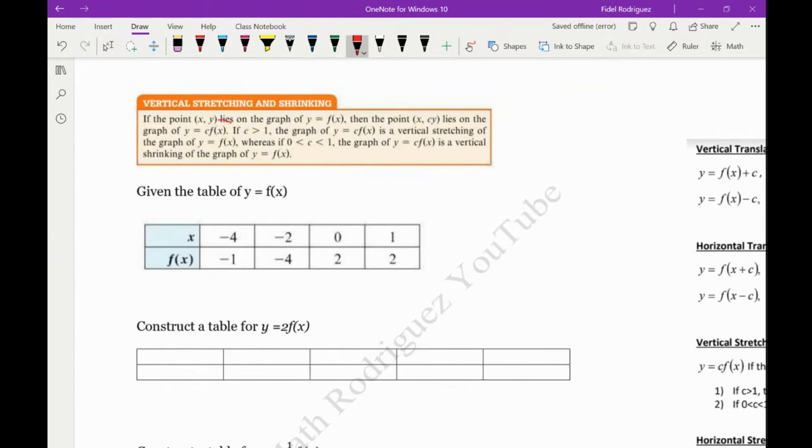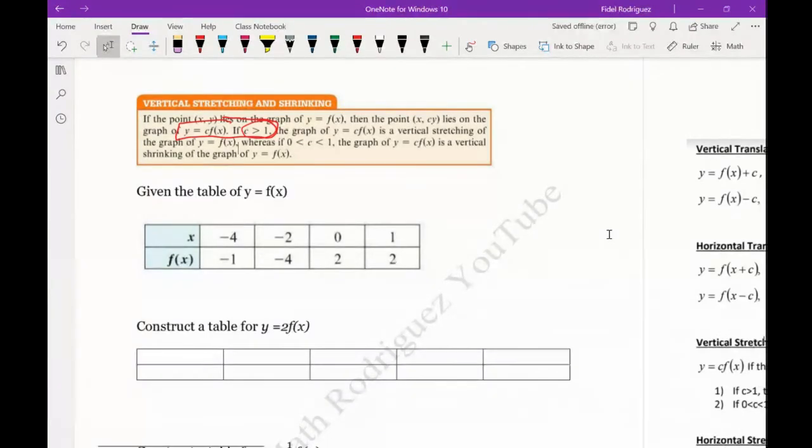So let's see. Right here, it says if y equals c times f of x. So we're taking our function f and we're multiplying it by a number, okay? Remember, the f of x values, guys, are my y numbers. And it tells me if that number is bigger than 1, so if that number is any number bigger than 1, like 1.5, 2, 17, whatever it happens to be, right?